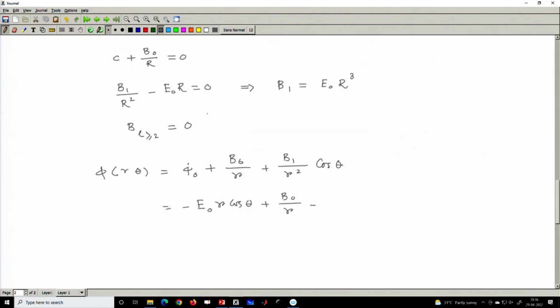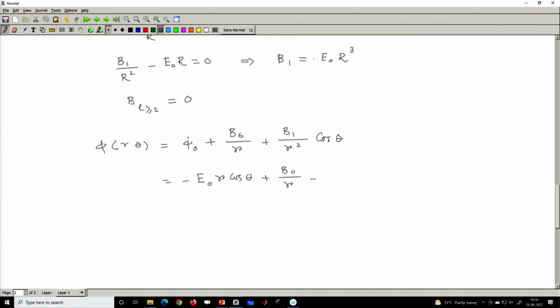So, this C is from here, my C was minus B0 divided by R. So, that term I now put here, the C is minus B0 divided by R, that is one term, and another term is B1 divided by R square. So, B1 is E0 R cube divided by R square and cos theta.